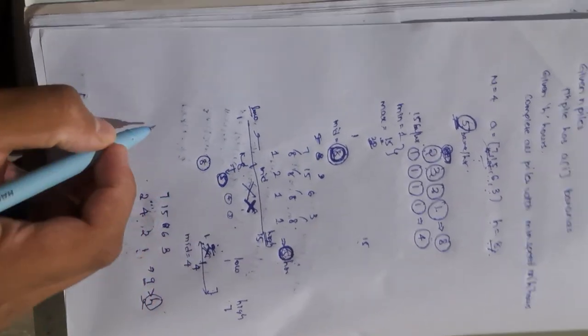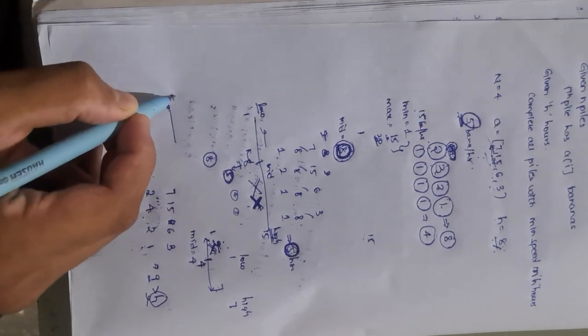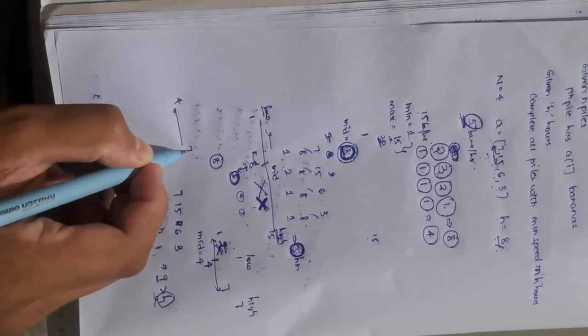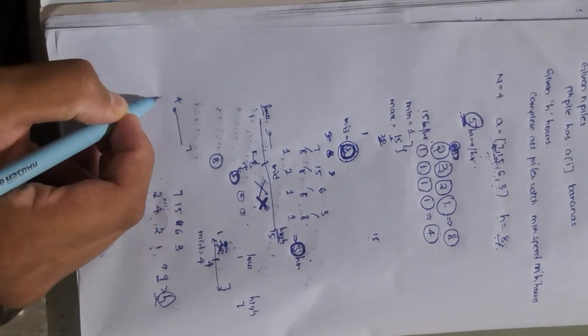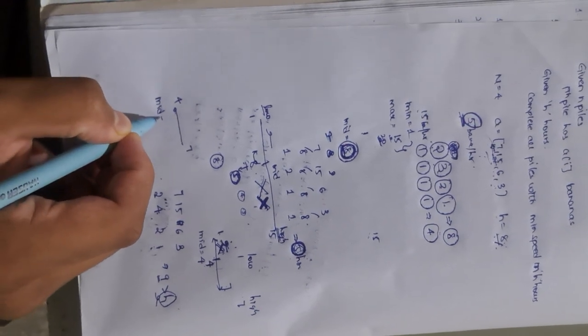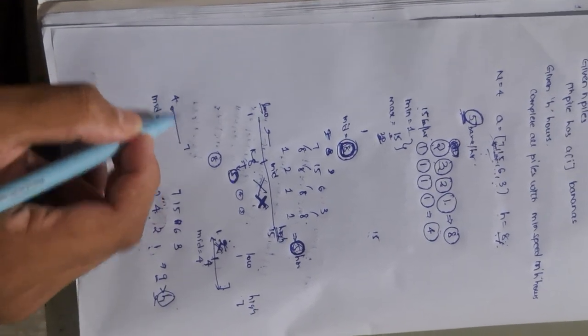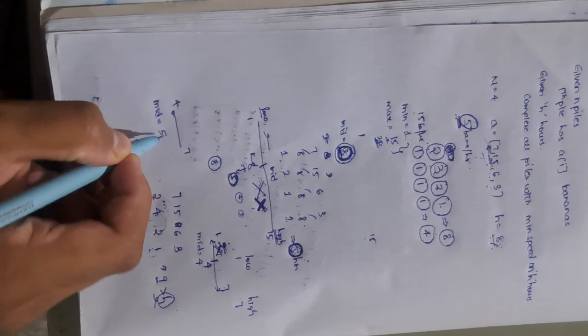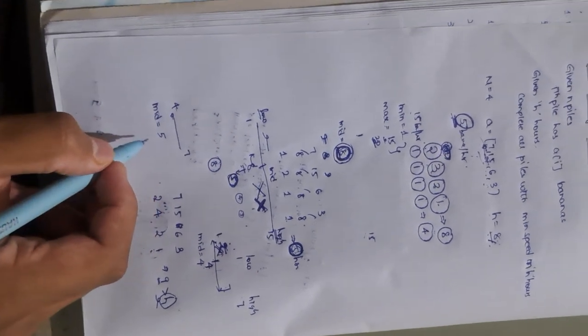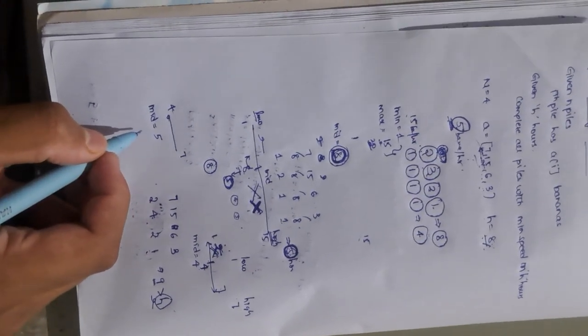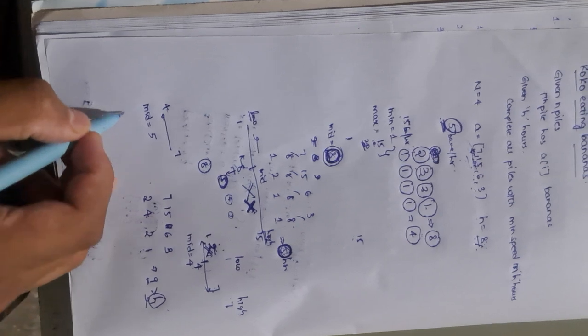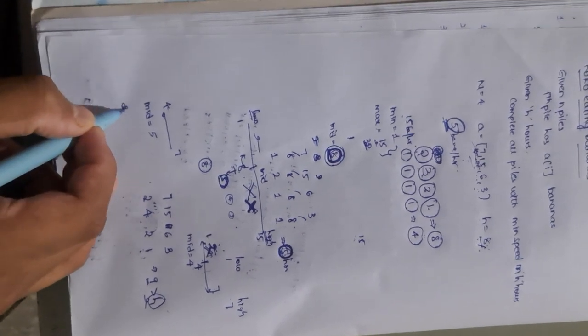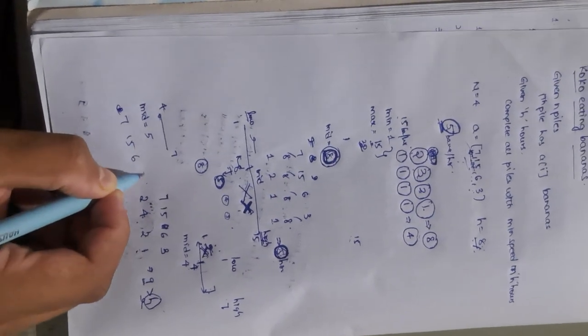Now our new search space becomes 4 and 7. When we calculate the mid, we get 11 by 2. We get it as 5. Yeah, we get it as 5. Then we'll check for it. 7, 15, 6 and 3.